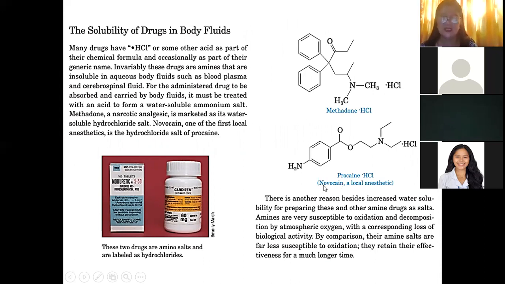You will have this form, the Novocaine. So this Novocaine is a drug which is administered to make our blood more fluid. So this is that drug, the procaine or the methadone.